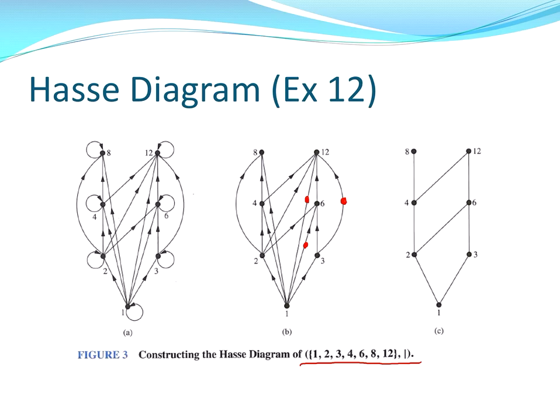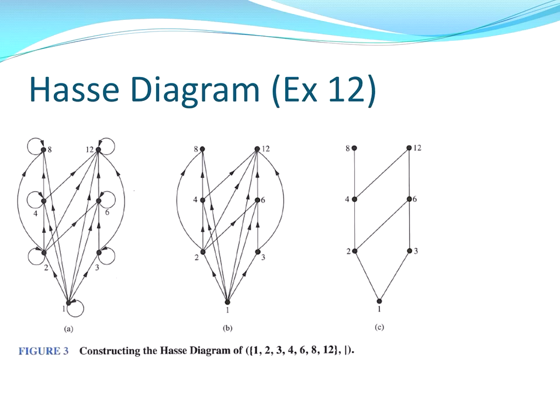But I'm going to slide it over, and I think we can just draw these directly from the sets themselves. If I look at my set, I know that the lowest element is going to be 1 because 1 divides everything. Write that down. Where does the 2 go? 2 is going to go above 1 because 1 divides 2. And where does 3 go? Well, 3 is going to go at the same level as 2 because 2 doesn't divide 3, but 1 does divide 3. Where does 4 go? 4 will go above 2 because 2 divides 4. And 6 will go above 3 because 3 divides 6, but also 2 divides 6.